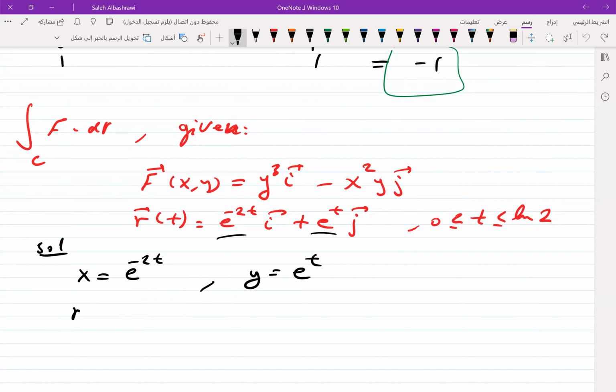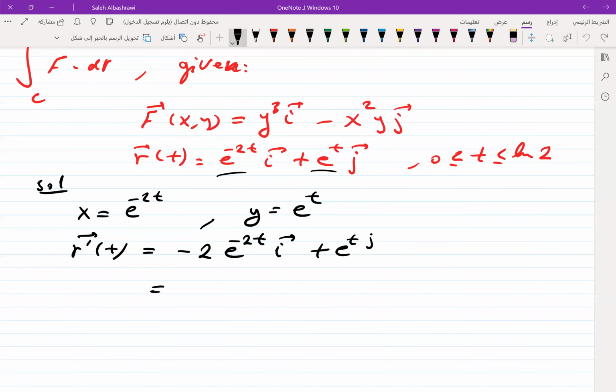And the derivative of the vector function r of t is given by minus 2 e to power minus 2t i plus e to power t j. That is easier to write in that form. That will be minus 2 e to power minus 2t and e to power t. This is the derivative.